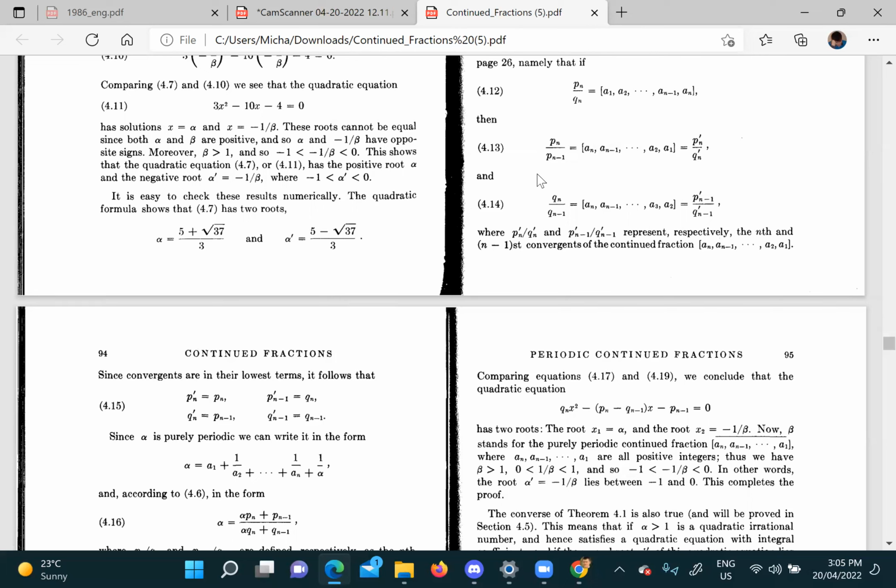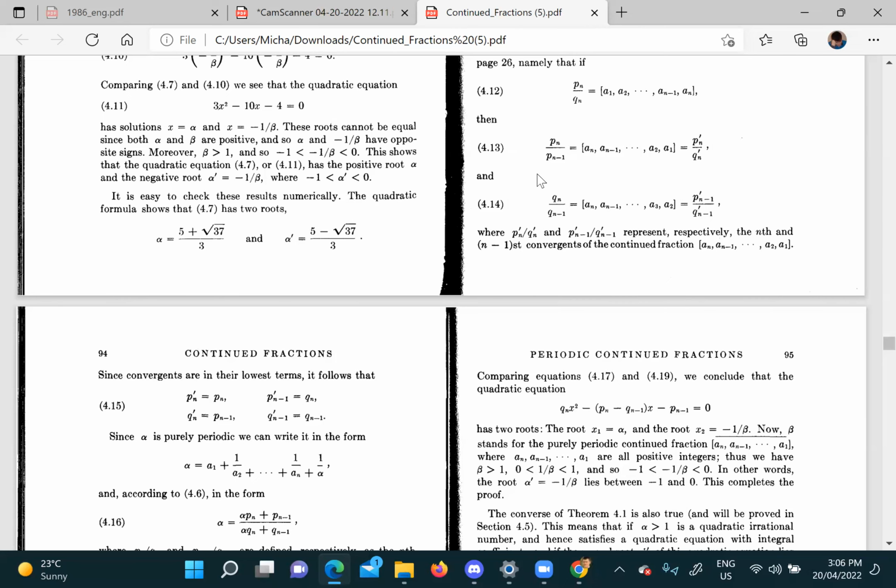Then you flip it and add stuff, so it's always co-prime. So Qn and Qn minus 1 are co-prime because the first Q is just 1, right?